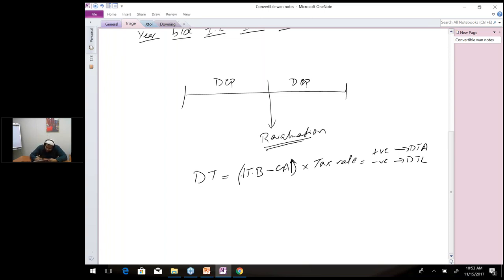So this means the tax base is lower. So the answer will be positive or negative? What do you think, Smita? Negative, yes. So if this is negative, this means that it is a deferred tax liability. So this is how we are going to check whether it is an asset or a liability. Clear, Smita?